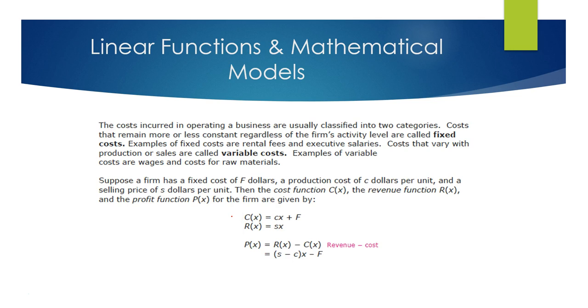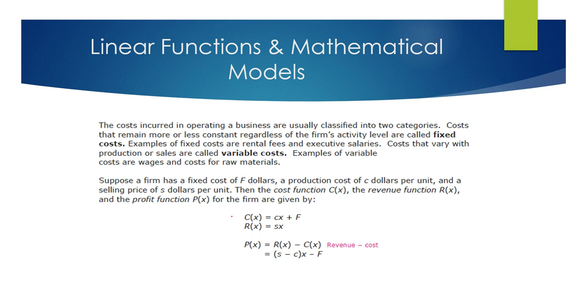So, some more background. Costs incurred in operating a business are usually classified in two categories. You have your fixed costs, which, to put it in a real-world circumstance, are like your costs for basically opening the door that day. You have to use so much energy, and you have to have a space to have it in. Those costs are going to be there.